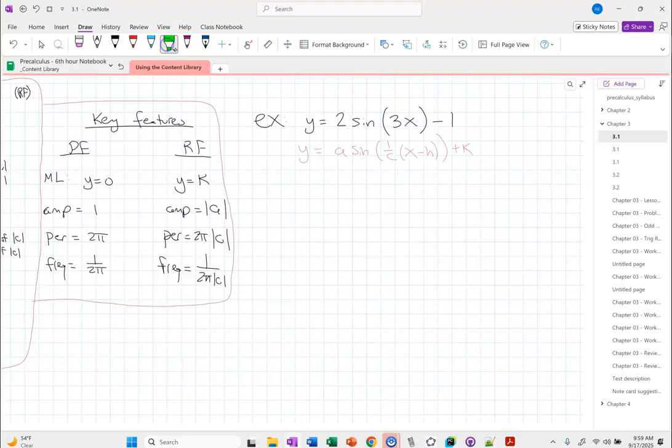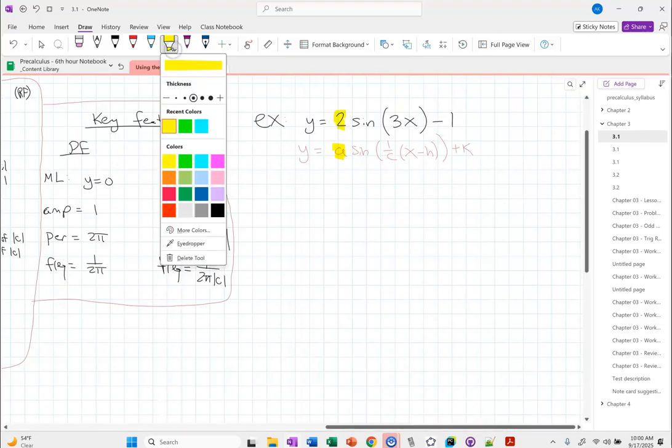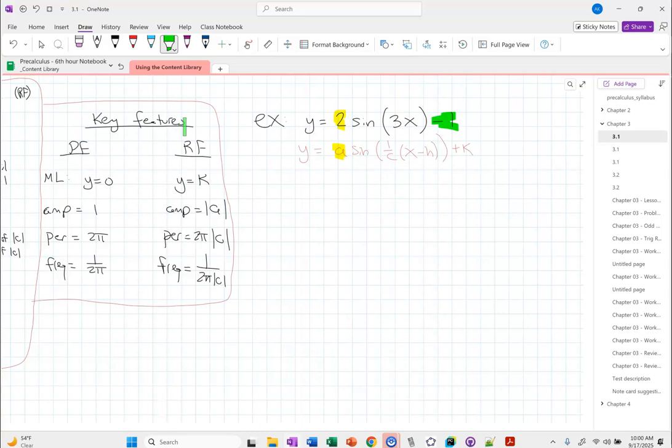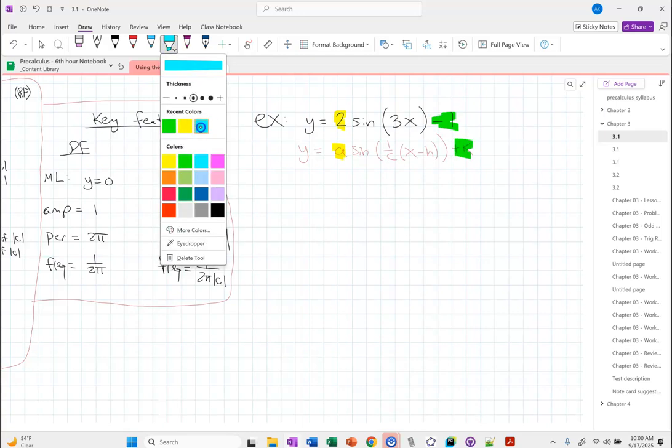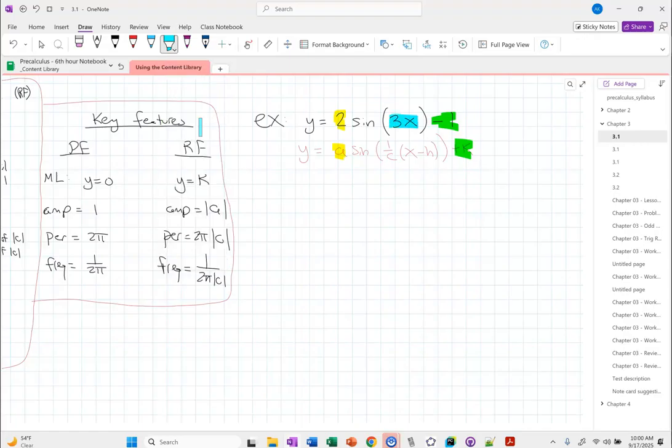And I think from looking at this, it's usually pretty obvious that A is 2 and -1 is K. What's usually the tricky part is figuring out the C and the H from the stuff on the insides. Is everybody okay with that?